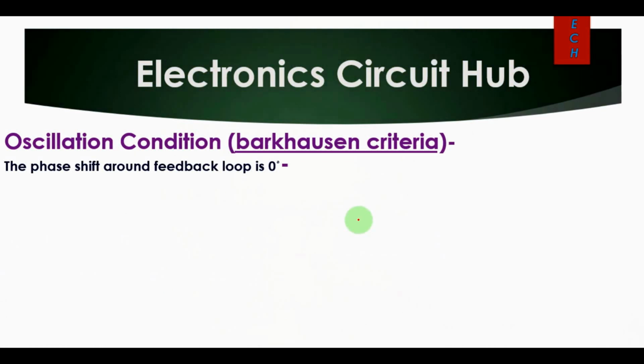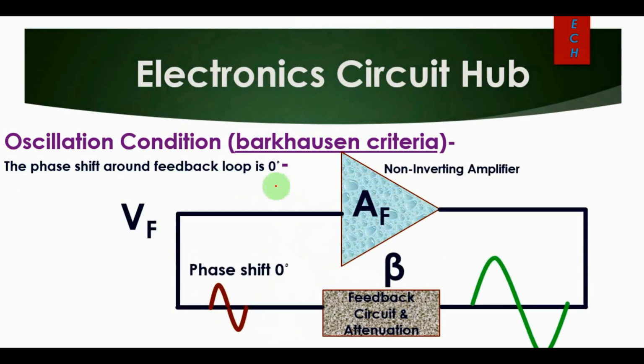Now we will see the Barkhausen criteria. The first Barkhausen criterion is that the phase shift around the feedback loop is 0. Okay. So you can see here the phase shift equals 0. How? This is a non-inverting amplifier. That means whatever your input signal is, your output signal should be in the same phase. You can see here the output of this non-inverting amplifier is fed back to the input of the feedback circuit or attenuation circuit.